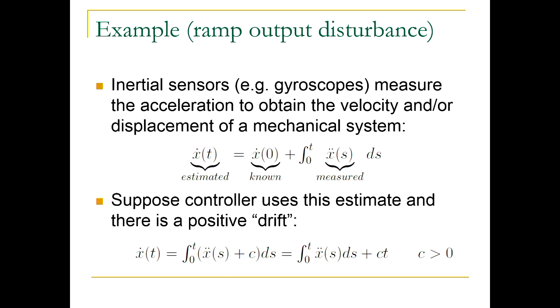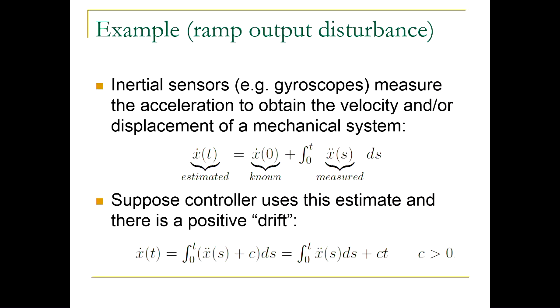But my point here is that the inertial sensor measures x double dot, the acceleration. If your inertial sensor produces this measurement with a small constant bias, which I modeled here as c, then instead of measuring x double dot, you're measuring x double dot plus c. This is sometimes called bias.